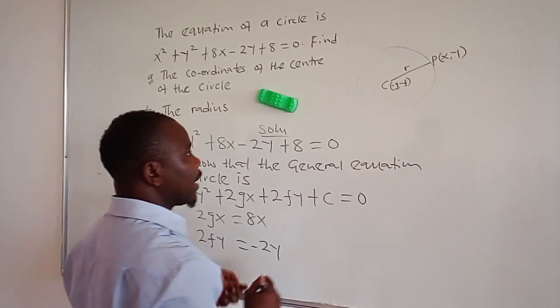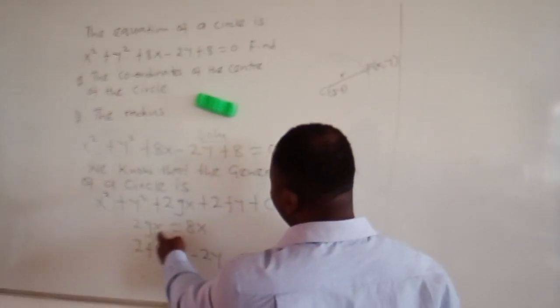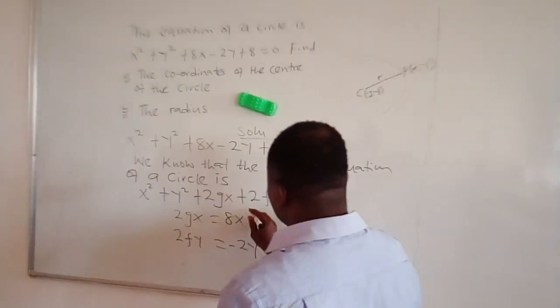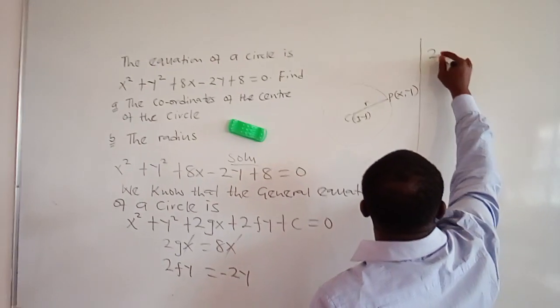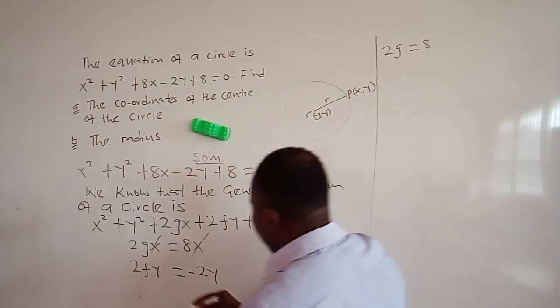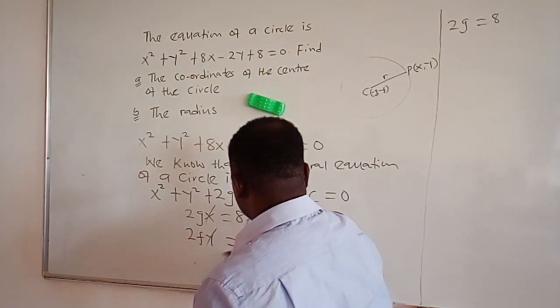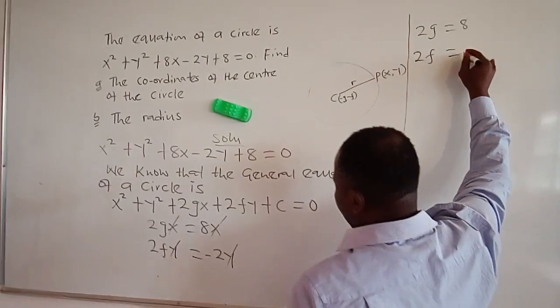So if you agree with me, this and this will cancel, true or false. So we'll have 2g equals 8. Likewise, this and this will cancel. We now have 2f equals minus 2.